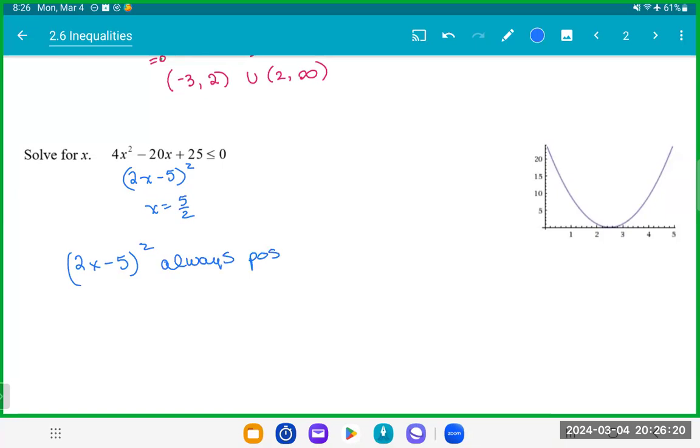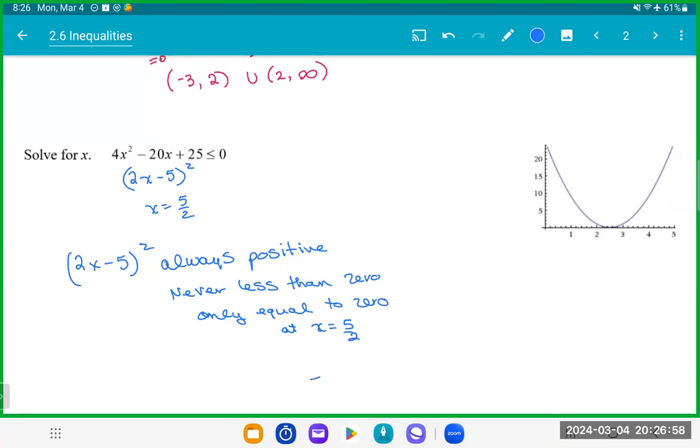Because anytime you square something, it's positive. So you're never less than 0. You're never less than or equal. You could be equal, but you'll never be less than 0. Okay? You can only be equal to 0.